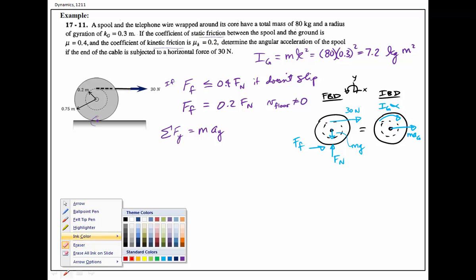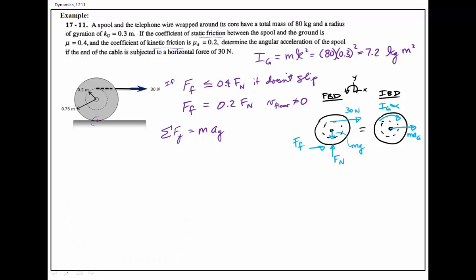It's not necessarily equal. Well, I won't make that statement. But anyway, we want to take a look at the friction force, and it's going to be in that direction, suffice to say.